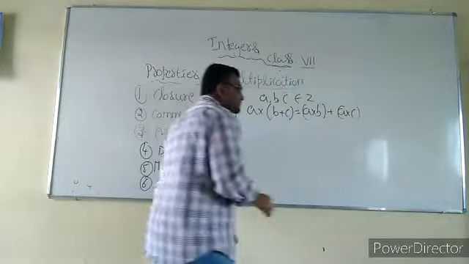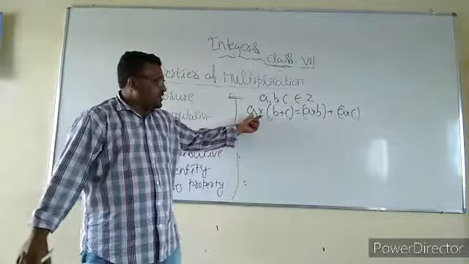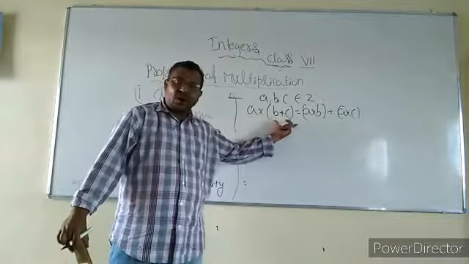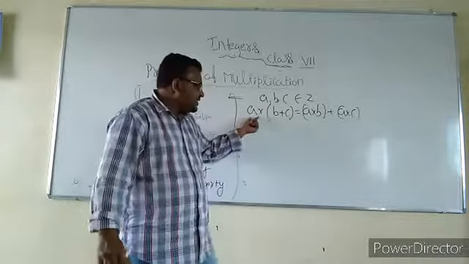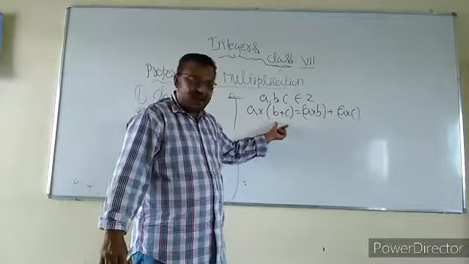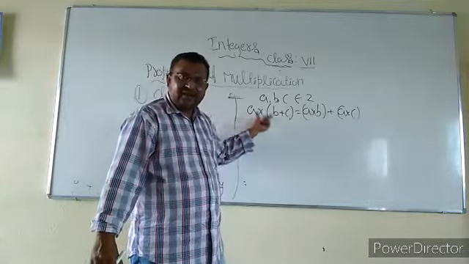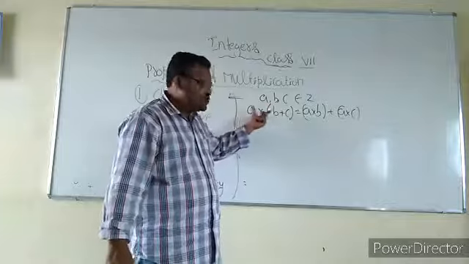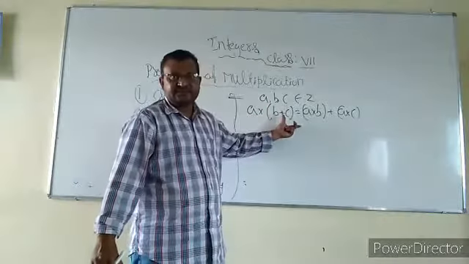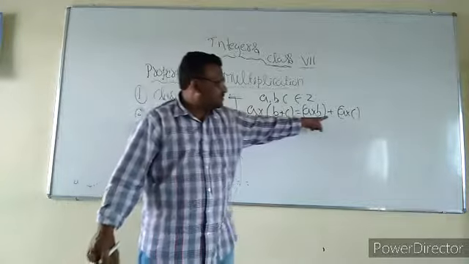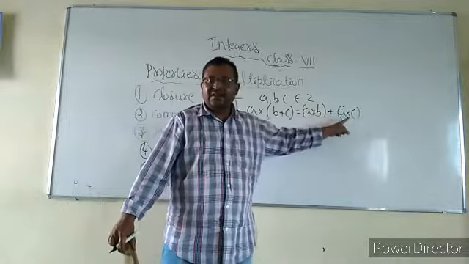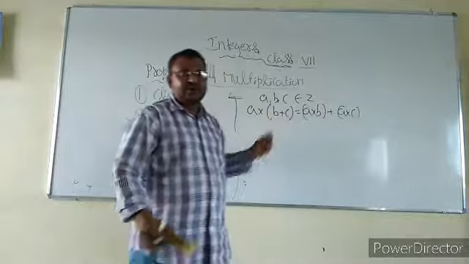Here a is multiplying the sum of b plus c. That means a will multiply every term in the bracket. That means a into b plus a into c. a is distributing to b, a is distributing to c. That's why it is called the distributive property.